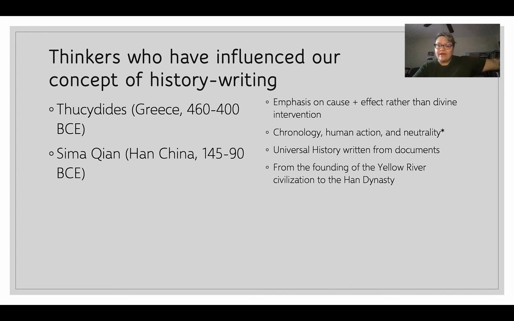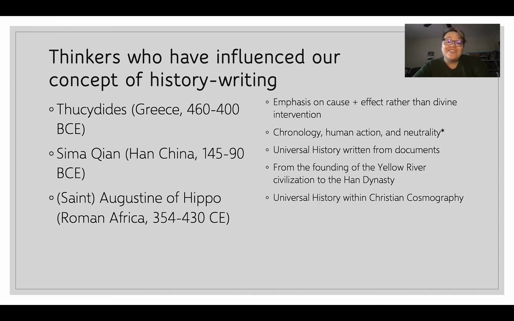And that goes all the way from the founding of the Yellow River up to the Han Dynasty that he is a part of, or that he's the royal historian for. Then there's St. Augustine of Hippo. He also writes universal history, but he gives it a very Christian universe kind of slant.